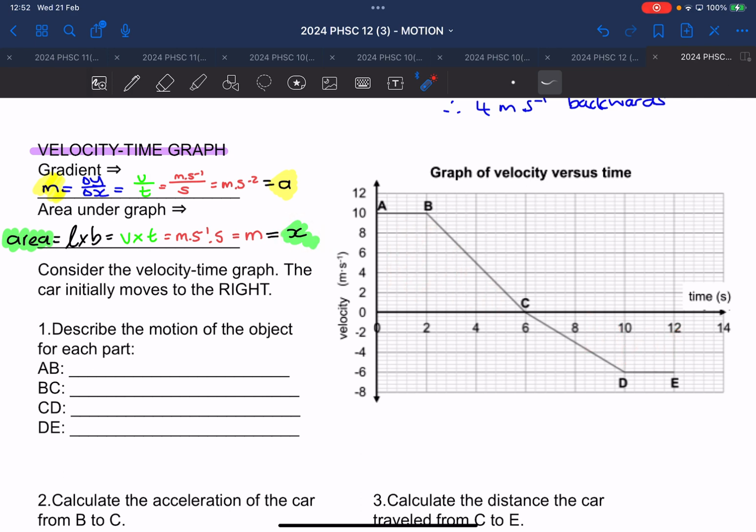Okay, let's, no, so I walk 1, 2, 3, 4, 5, 1, 2, 3. What's the distance that I've covered? 5 minus 8. Distance is 8.